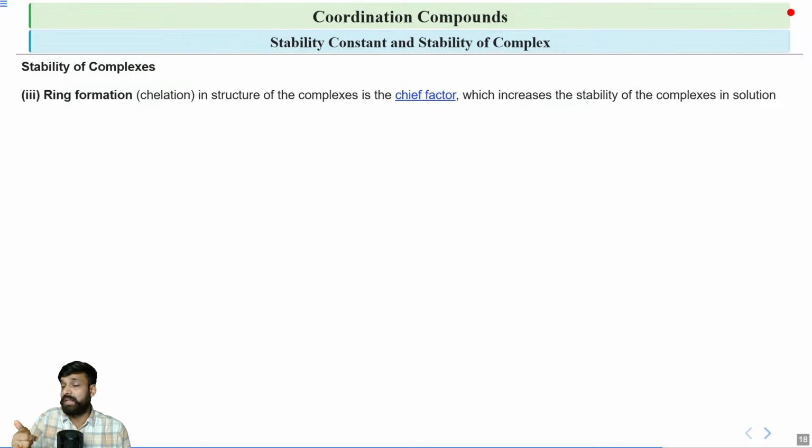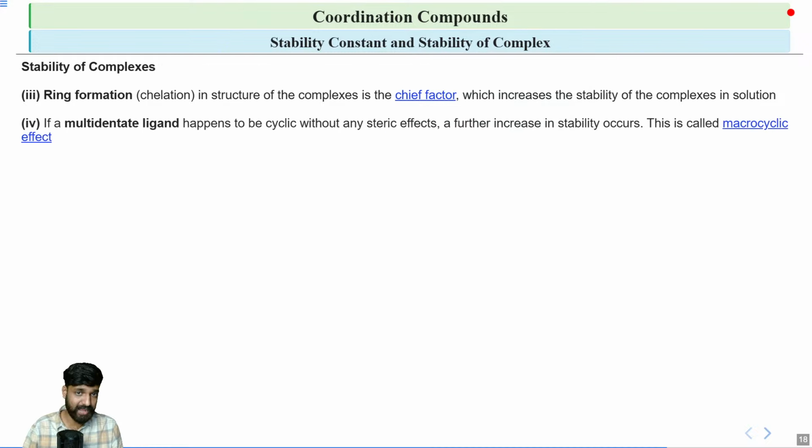So if six ligands are present, and in place of that I put a hexadentate ligand where multiple rings are formed, that would be more stable. It means if there is a possibility for the formation of chelation, then the chelate factor is much more predominant than the unidentate ligand.